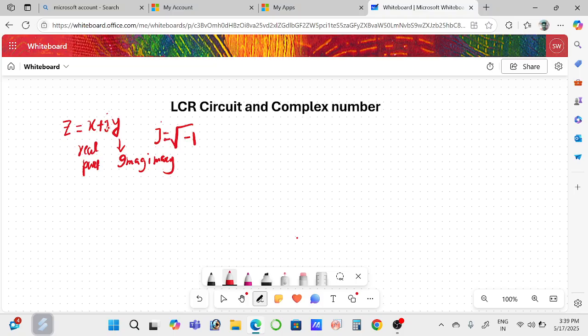In a graphical presentation, we have two axes. One is the x-axis, the real axis, and this is jy. This is plus jy, and this is minus jy. So this is the complex plane, and any point x, jy is represented by a line, and this angle is theta.